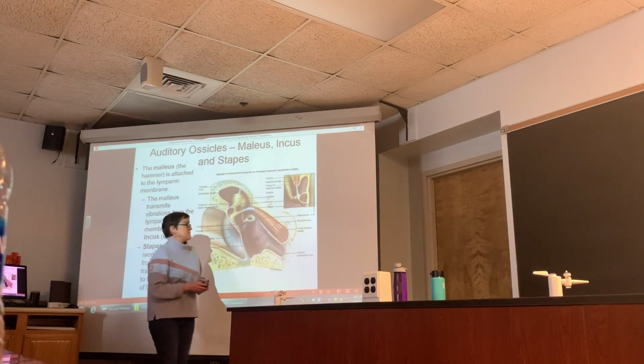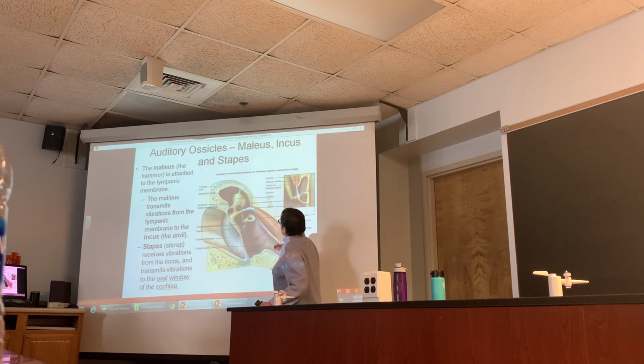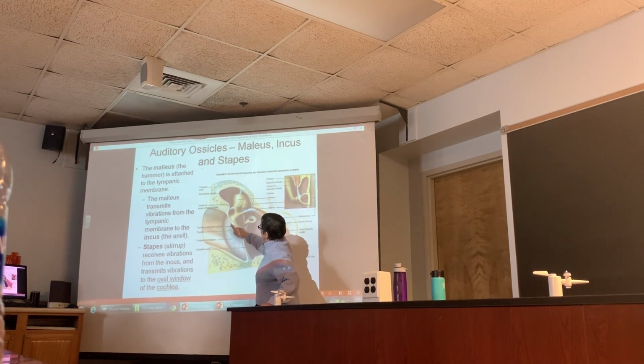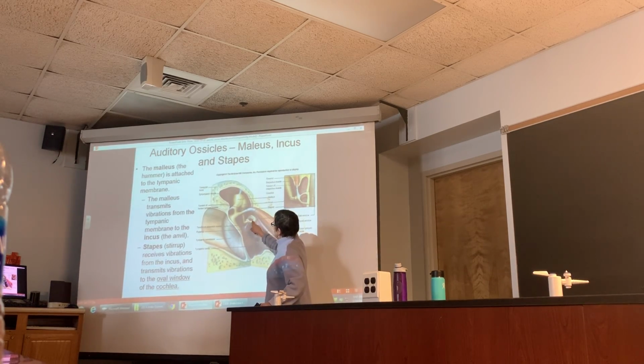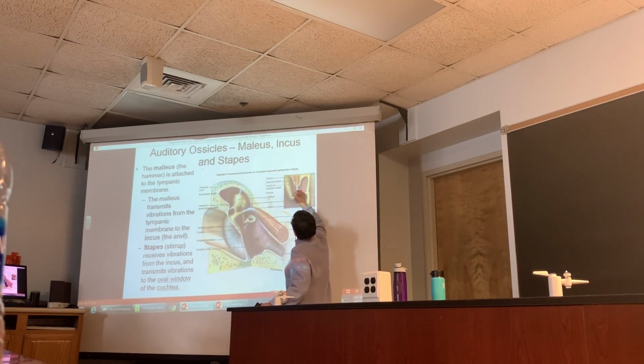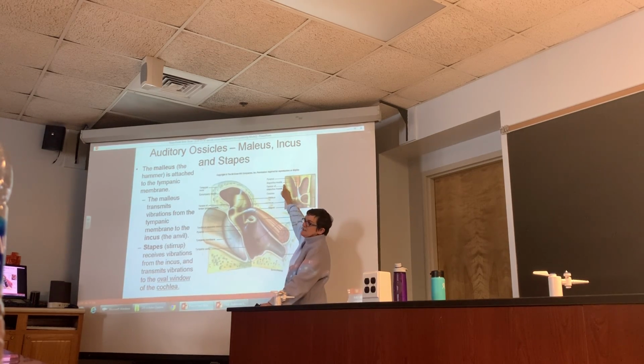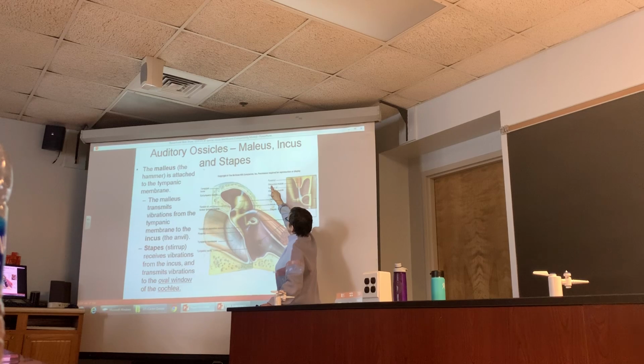Okay. There is a muscle attached to the stapes. So here's tympanic membrane, malleus, incus, and stapes. And if you look at a close-up view of the stapes, there's a muscle attached to it called the stapedius muscle, named for the stapes.